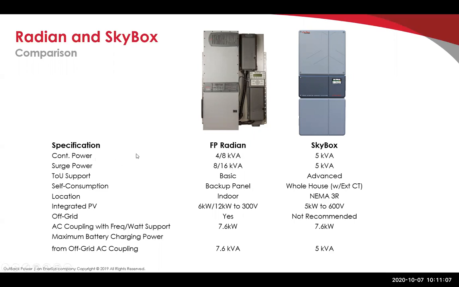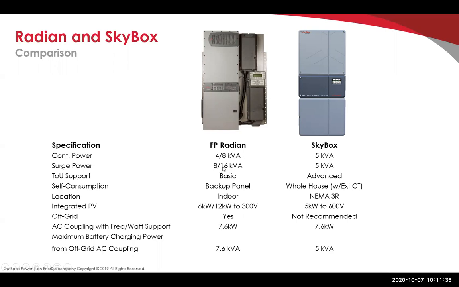In terms of continuous power, we have a 4 kW or kVA and an 8 kVA version. Inside there are 3 modules: a control module on the left and then 2 power modules. Each power module is 4 kW. So if there's 1 power module, it's a 4 kW. If there are 2, it's an 8 kW or kVA. SkyBox is 5 kVA.